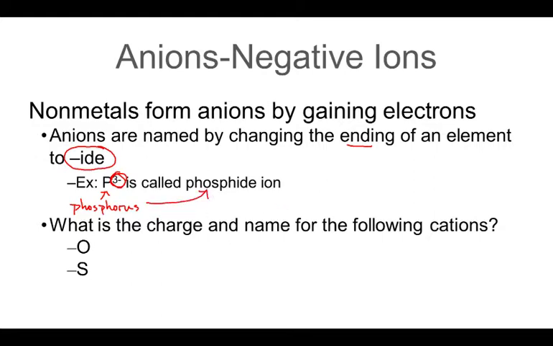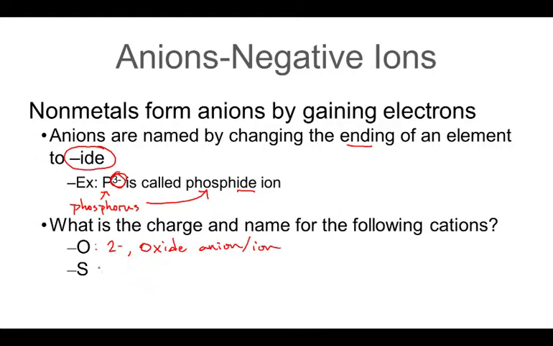Everything that is an anion, meaning it's negatively charged, is going to have the -ide ending. Oxygen, a non-metal in group 6, becomes a 2- charge, and for its name we take off the end of it, and it becomes an oxide anion, or ion, either one.